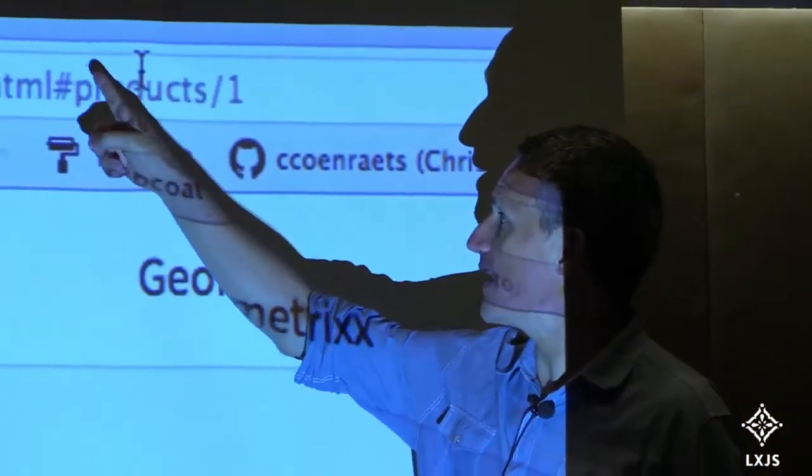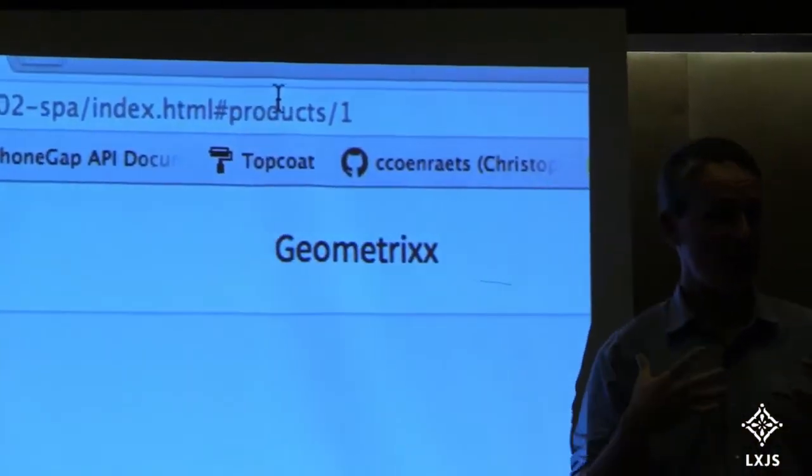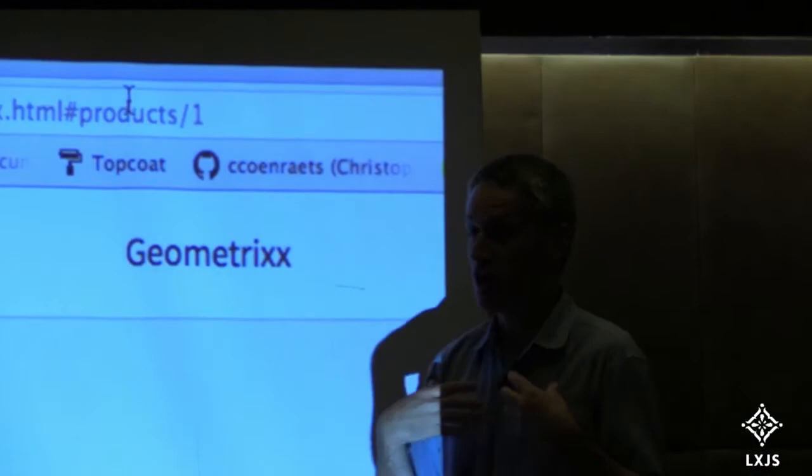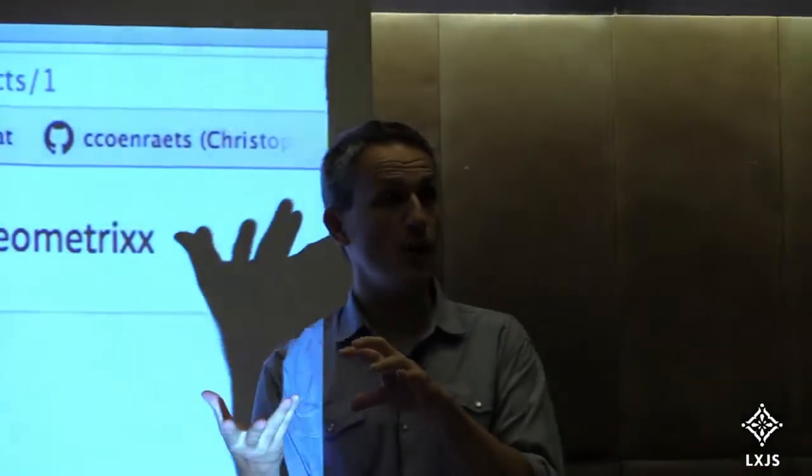So this is a nice little hack to use whatever is after the hashtag as your own convention to know which state, in other words which view in your single page application, you need to render. There is now a standard for that, which is push state, but it's not yet consistently implemented by all the different browsers and versions of the web view. That's why you still see a lot of this out there.